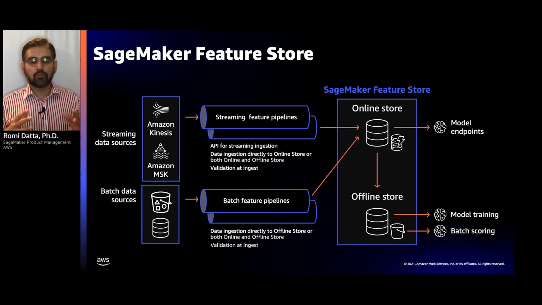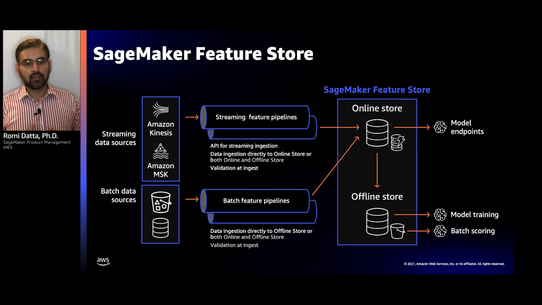When you create a feature group as online plus offline, the online component is stored in the online store, which has DynamoDB in the backend, and the offline store has S3 in the backend. You use the offline store for model training and batch scoring, and the online store is used to serve features at high speed for model endpoints for inference.